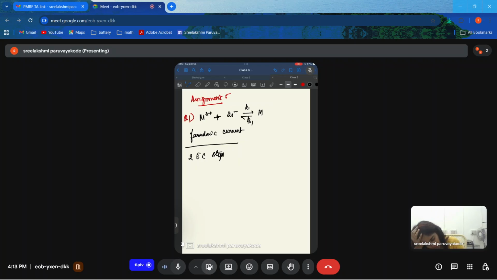So what is the rate of the forward reaction? F into the rate of the reaction. The forward rate of the reaction becomes k1, and n into F, where n is equal to 2, so it becomes 2F, times the M2+ concentration in solution.